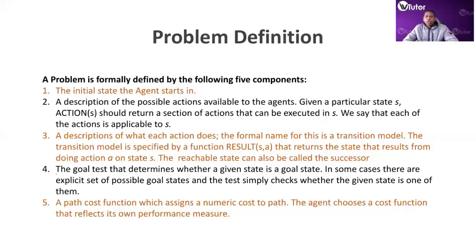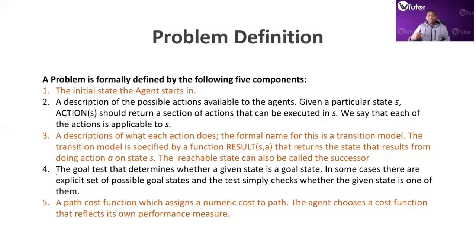We need to know if we're in state 1 and we take action X, what is the result? Then we can say it is a deterministic environment, or it's stochastic.